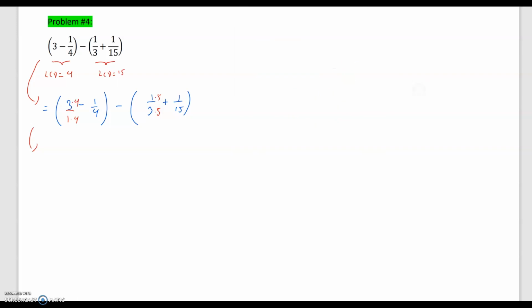So we're looking at this being, well, 12/4 minus 1/4, which is equal to 11/4 minus 5/15 plus 1/15. So this will be minus, and this is going to be 6/15. And let me just fix the 5.